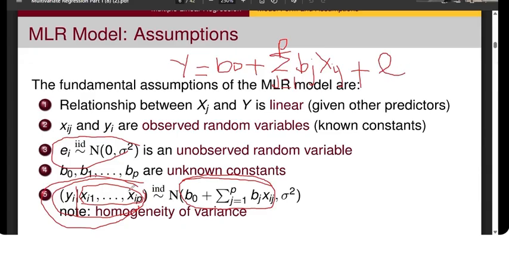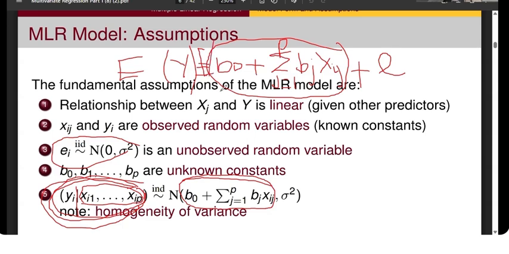But when the response variable conditional on the explanatory variables follows a normal distribution, the mean of that is just the systematic part. Because when you take the expectation of both sides, this implies that the expected value of the error equals zero. Therefore the error is not part of the model anymore, and that is why the mean of the response is just the systematic part.